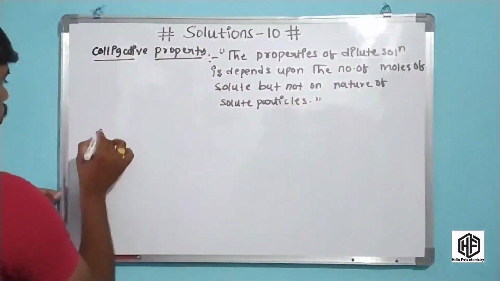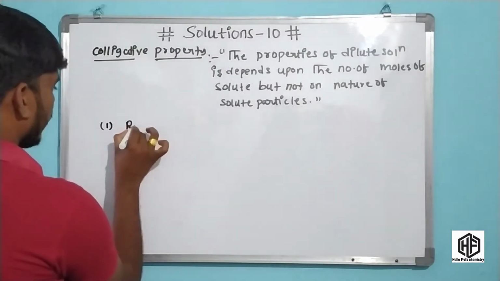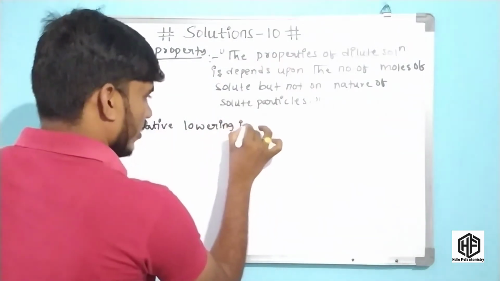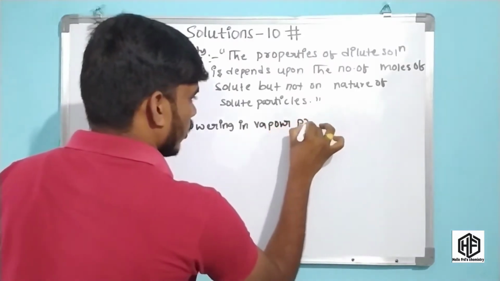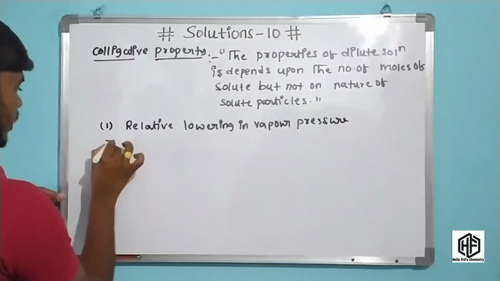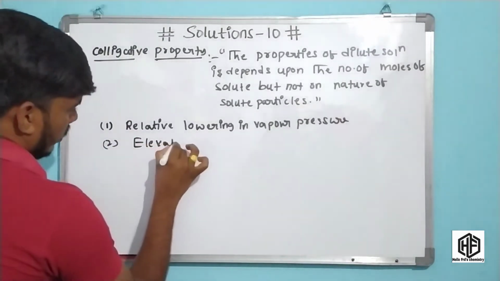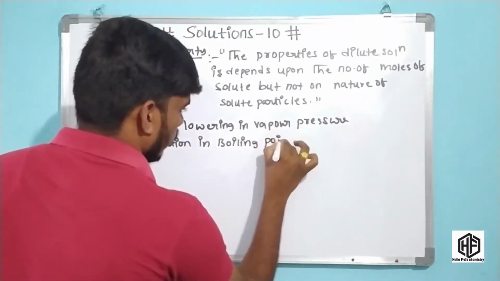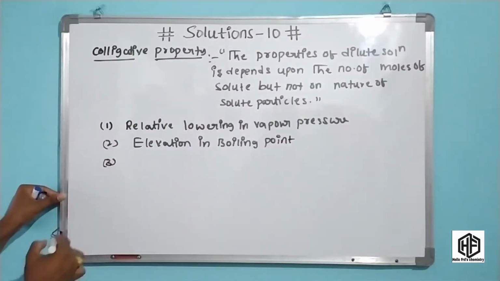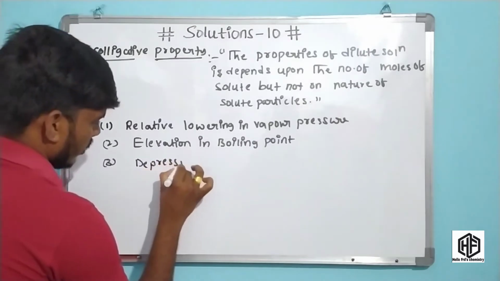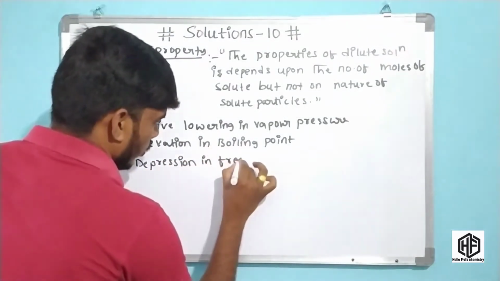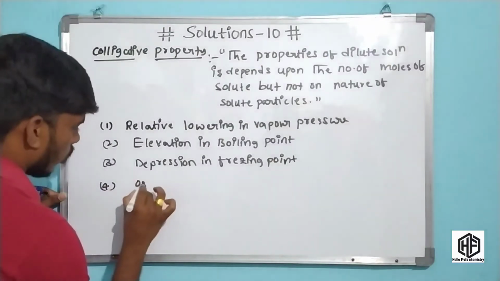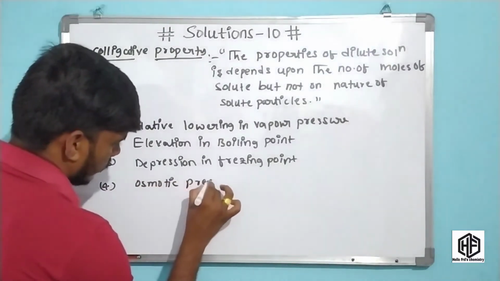Now there are four colligative properties. The first one is relative lowering in vapor pressure, the second one is elevation in boiling point, the third important colligative property is depression in freezing point, and the fourth one is osmotic pressure.